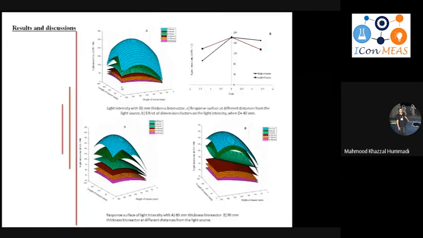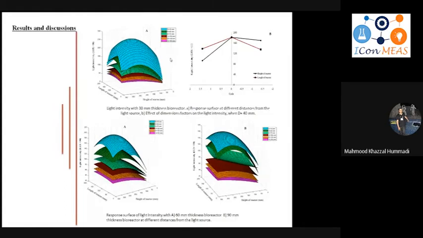The results and discussion. This figure displays the 3D response of light intensity in the flat bioreactor with a cross-section of about 30 millimeters breadth and different distances from the light source.